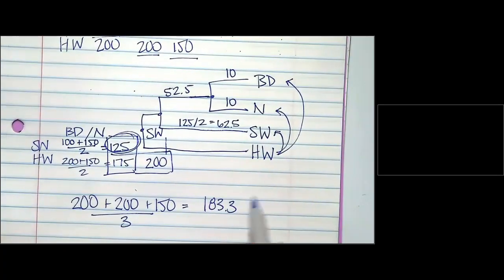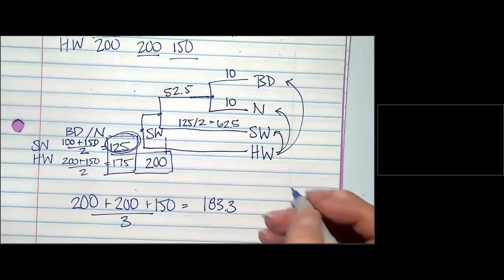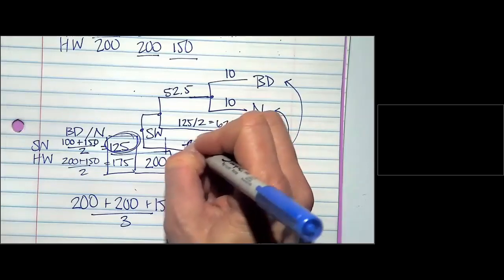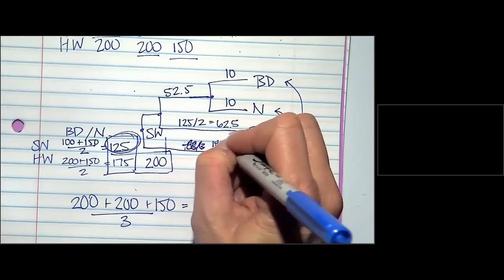Now remember, to go from the humpback whale to the common ancestor, we need to take this 183.3 and divide it by 2.